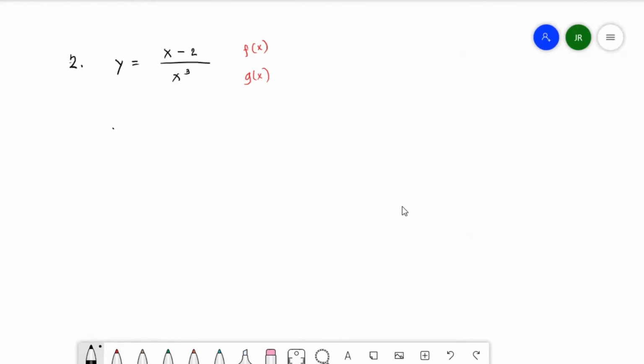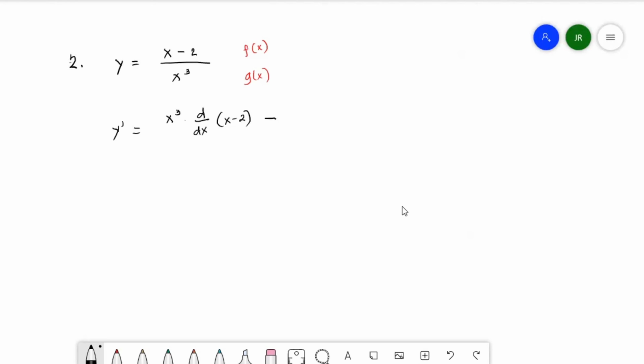Okay, so now y prime, kunin na natin ang derivative. Again, sa quotient rule, mag-start ka sa bottom, sa denominator. Kunin ang denominator, which is x cube. Just copy. Then multiply by the derivative of our numerator, which is x minus 2. Then minus, subtraction tayo pagdating sa quotient.